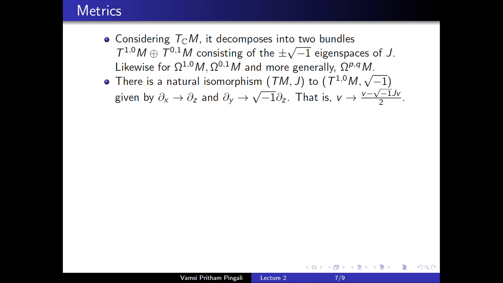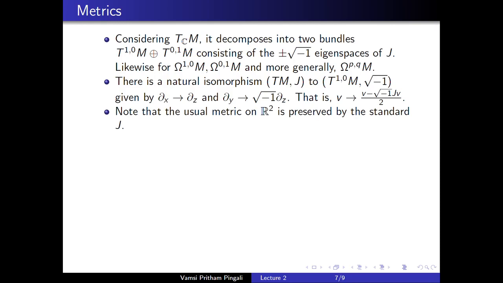Why? Because when J acts on this, you get JV minus square root of minus 1 J squared V, but J squared is minus 1. So it's (JV plus square root of minus 1 V) over 2, which is simply square root of minus 1 times this, right? Okay, so this will always lie in the background. You can always identify real tangent vectors with holomorphic tangent vectors by this natural isomorphism.